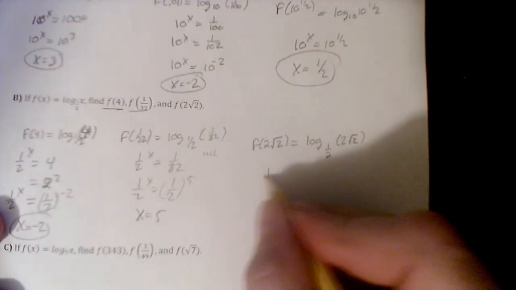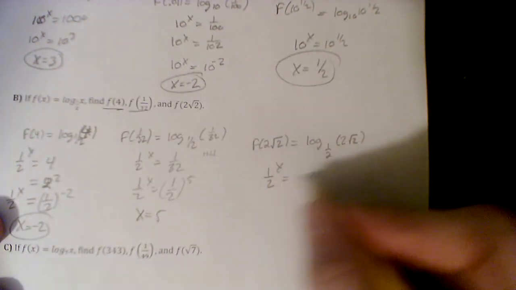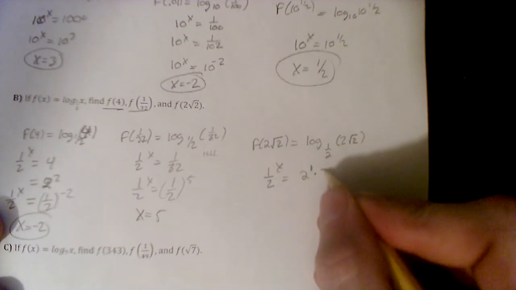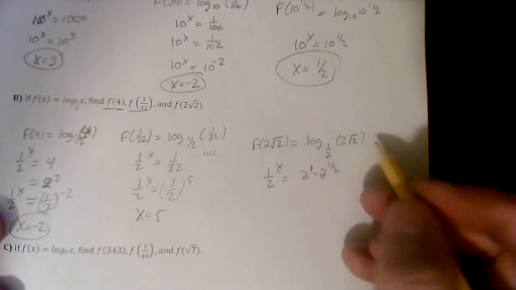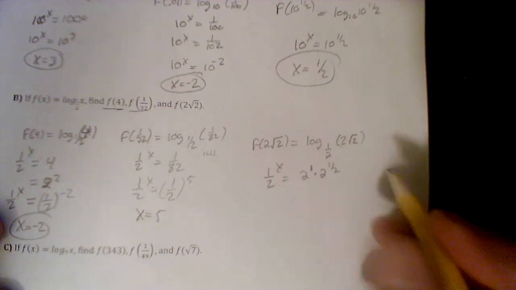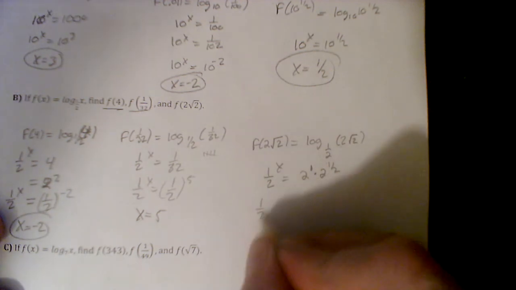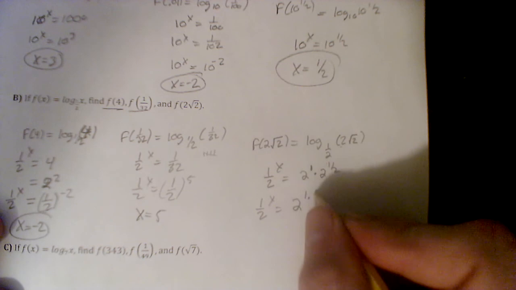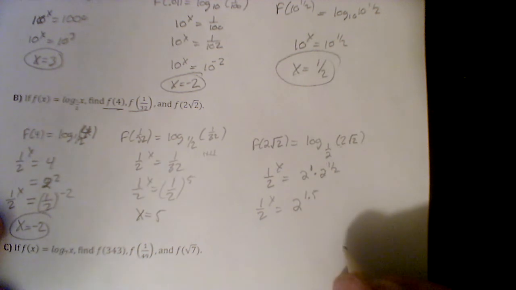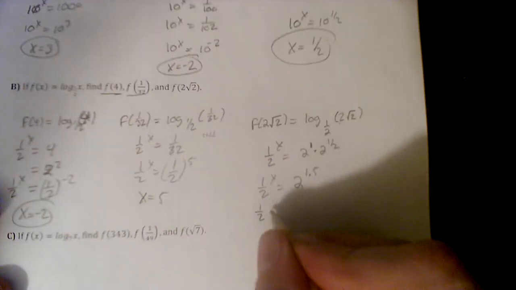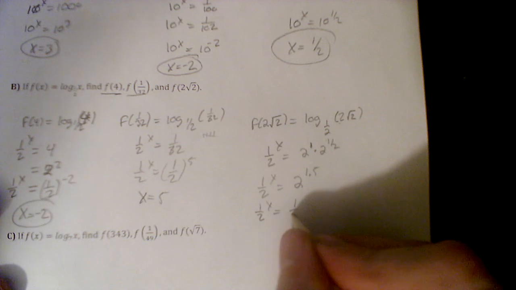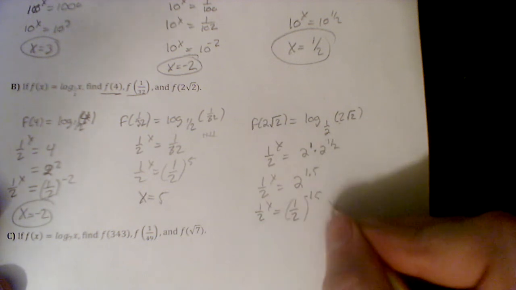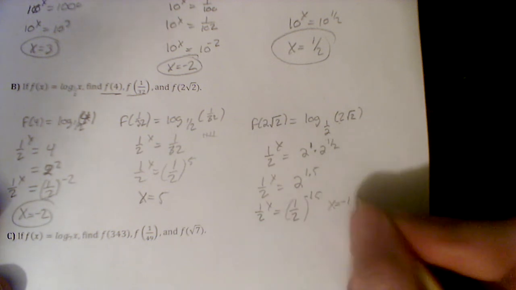There's our base. 1/2 to the x power is 2 to the first times 2 to the 1/2. Notice I just put the power. That's 1/2 and that's 2 to the first. So if I keep going, you keep the base and add the exponents, we get 1.5. Let's flip it over. 1/2 to the x is equal to 1/2 to the negative 1.5. As you can see, x is negative 1.5.